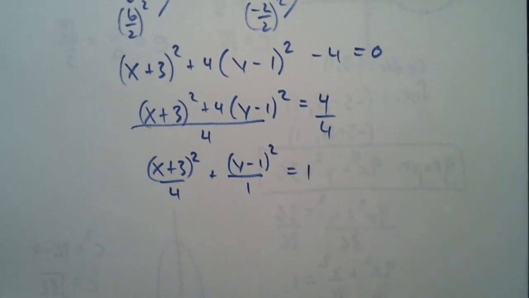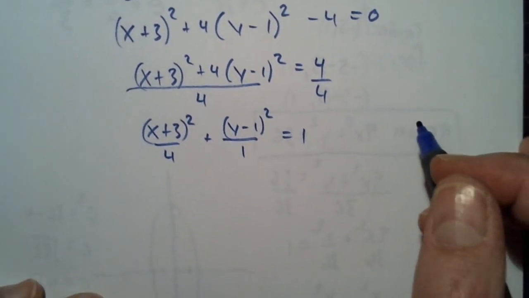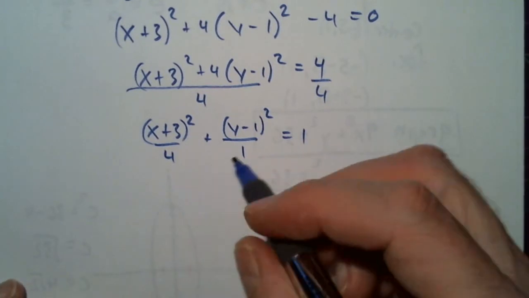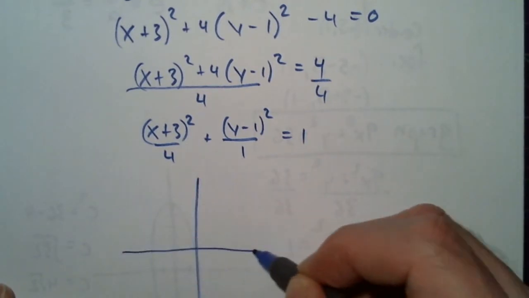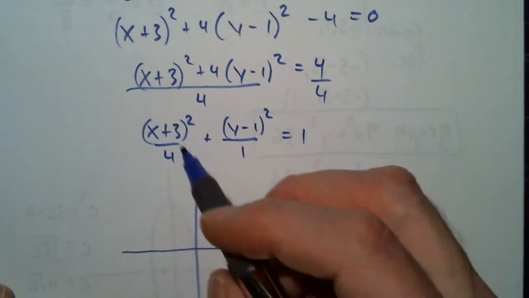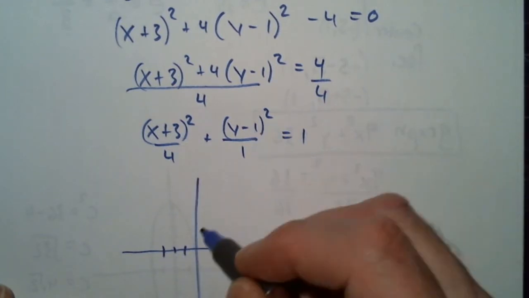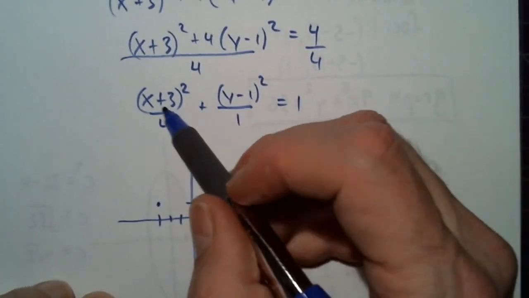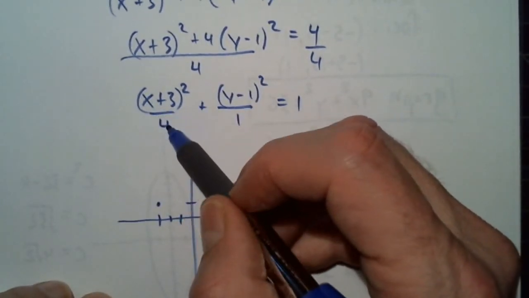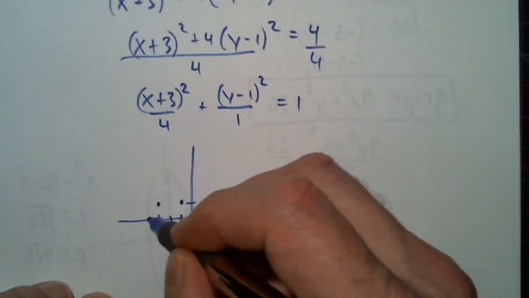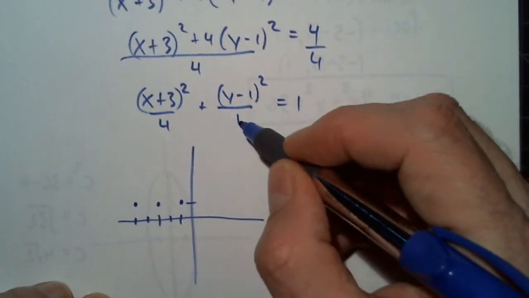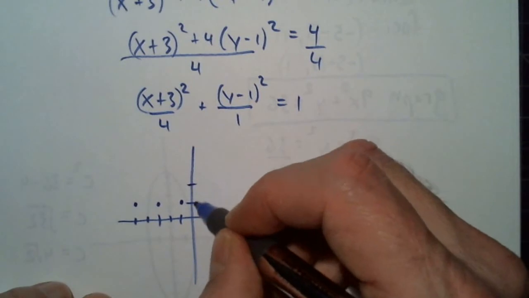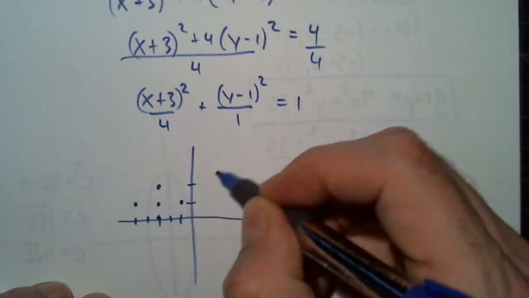Now we're back to what we've been doing, and we can find the center: left 3, up 1. Horizontally, because it's under the x, we're going to move 2 horizontally. The 1 is under the y, so we're going to move 1 vertically.